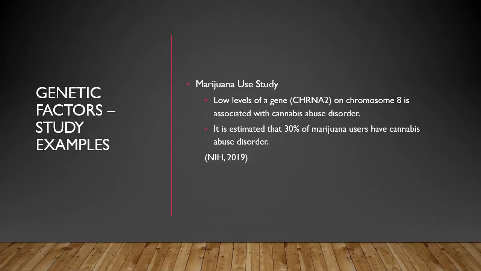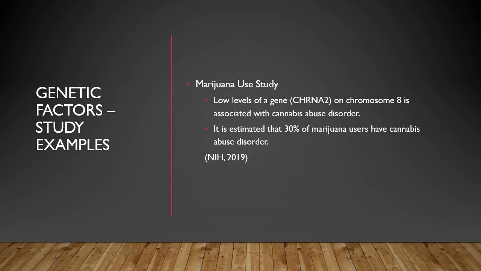So here we see a study example. This is just a study that has been done, and this kind of shows us an example of how these genetic factors play into the development of substance use disorder.